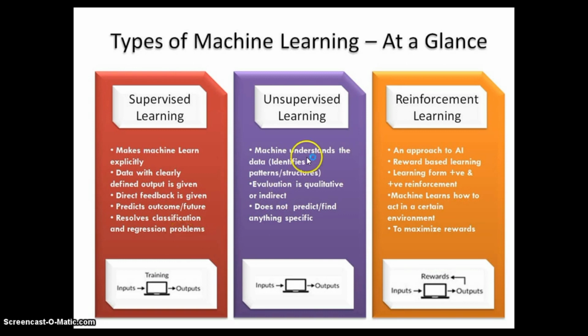Whereas in unsupervised learning, the machine understands the data and identifies the patterns in it. Evaluation is qualitative or indirect. Qualitative means finding the pattern among the data, and it does not predict or find anything specific. It just shows the output based on the analysis of the data.